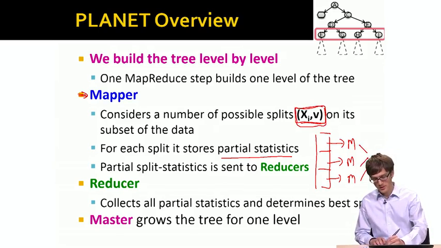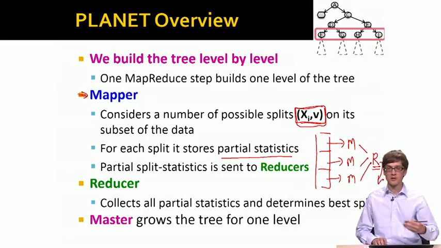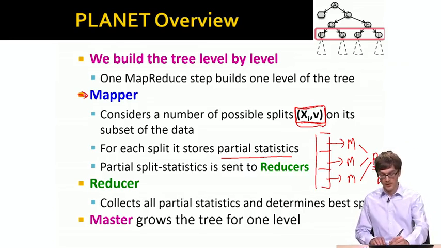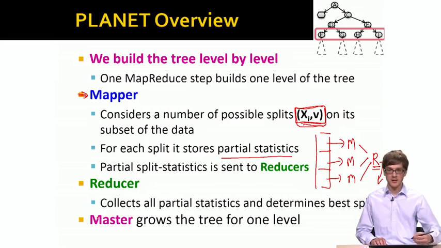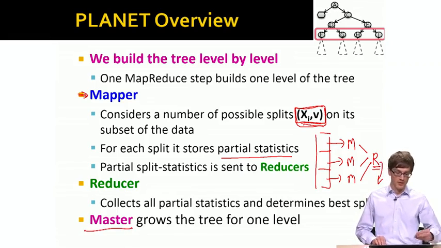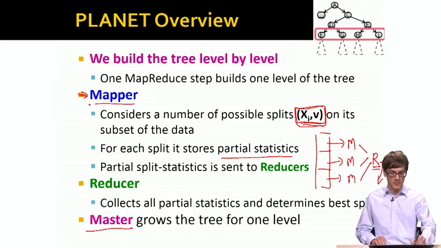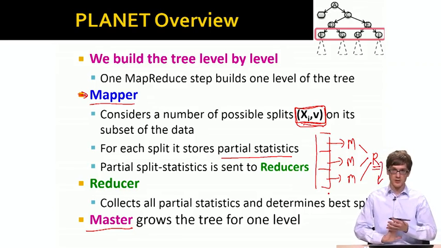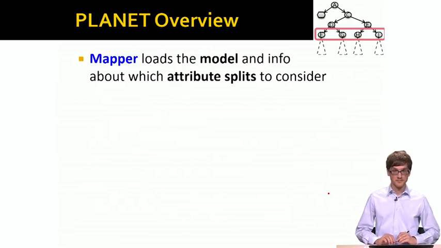All these partial statistics will be sent to the reducer, who will then output the final score or the final quality of the given split, and then the master decides which split to take and grows the tree by an additional level. So this is generally the idea. The mapper will allow us to take this big data file, split it into chunks, and compute statistics on subsets of the data. A reducer collects the results and lets the master know to make the final decision.